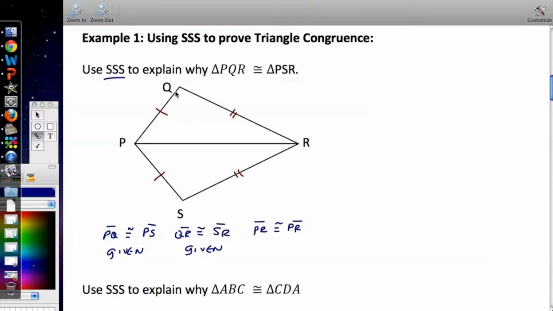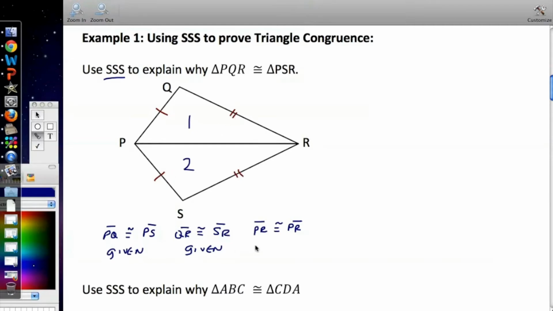Because notice, the 3 sides of this top triangle, of triangle number 1, are PQ, which is marked, and QR, which is marked, and PR, which is not marked. The 3 sides of triangle 2 are PS, SR, and PR, which is not marked. Well, PR is congruent to itself. So they already have these 2 sides with 1 hash mark the same. They also have these 2 sides with 2 hash marks the same.